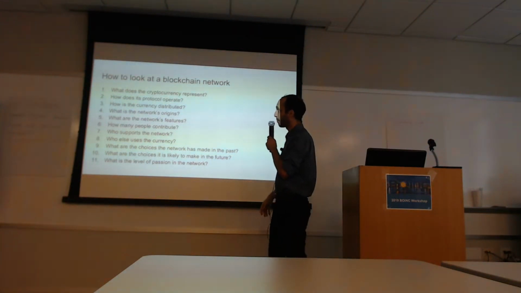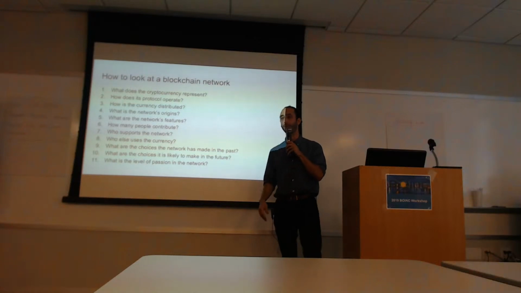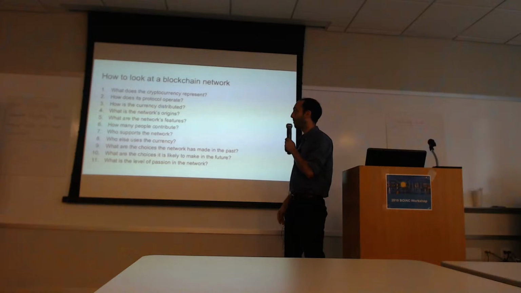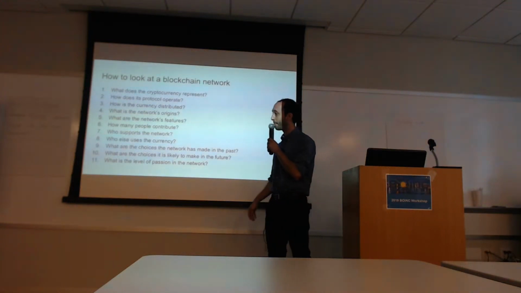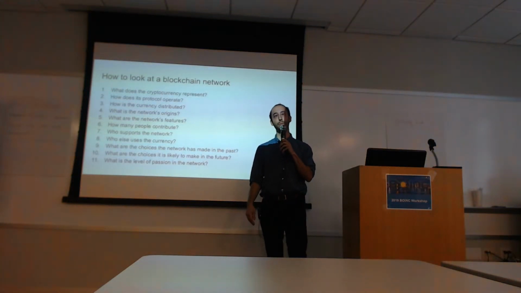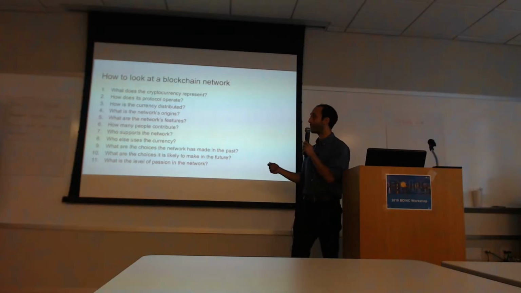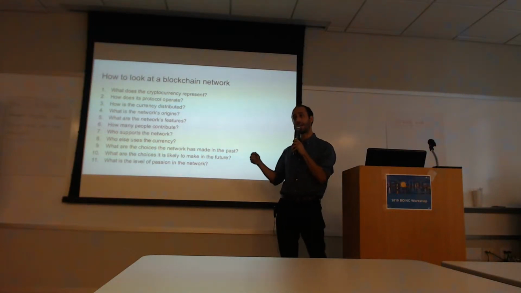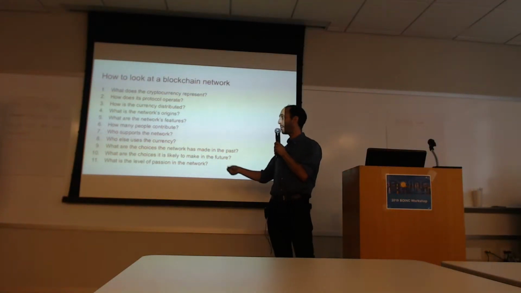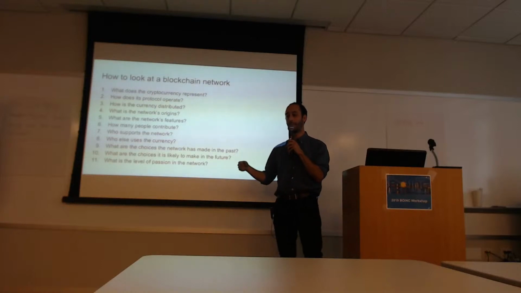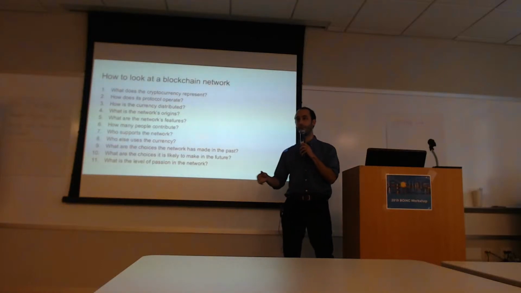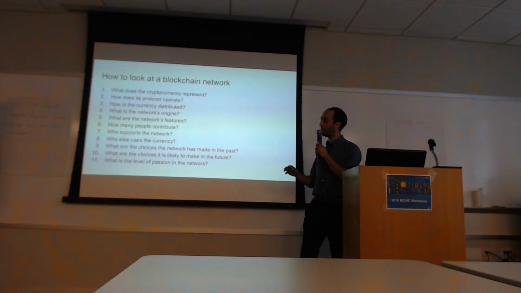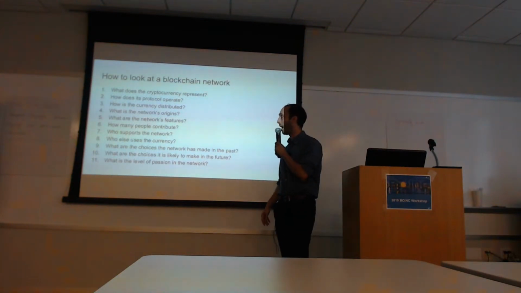How does the protocol operate? That's basically what are the economic policies in this economic system I want to participate in? How is the currency distributed? Bitcoin is distributed to people who help secure the ledger. Gridcoin is distributed to people who help secure the ledger and people who contribute to BOINC. That's pretty important when you compare that to fiat, and we'll get there a little bit later.